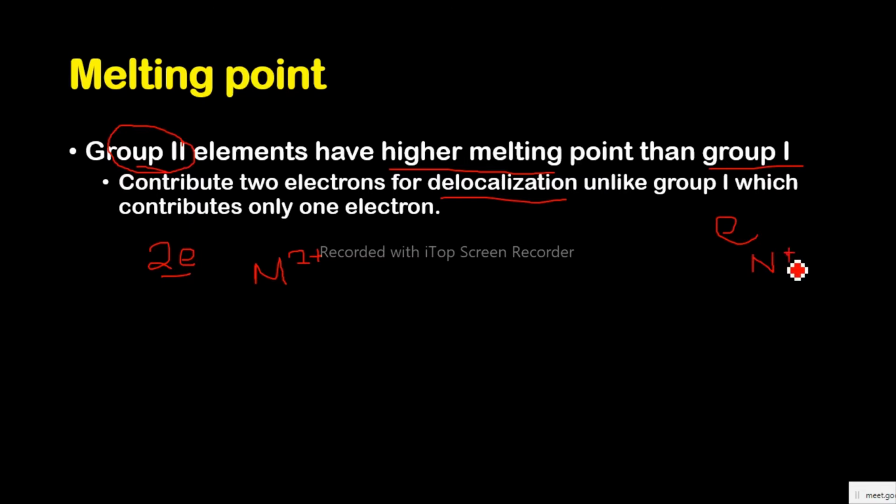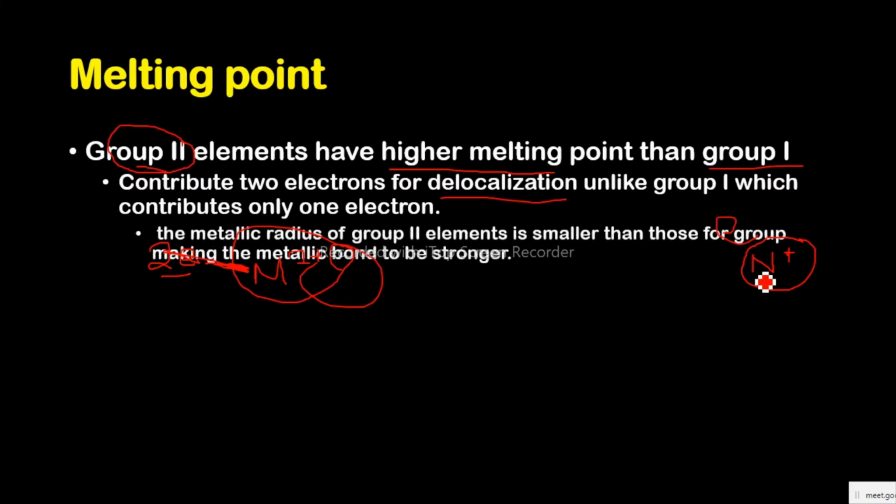If you compare the charge density here and here, the charge density on this M ion is so high, and also the number of delocalized electrons is so high. So the force of attraction between the electrons and the positively charged ions is going to be high compared to group 1 elements. And so you need relatively much higher energy to break the metallic bond, which is as simple as that. Not so?